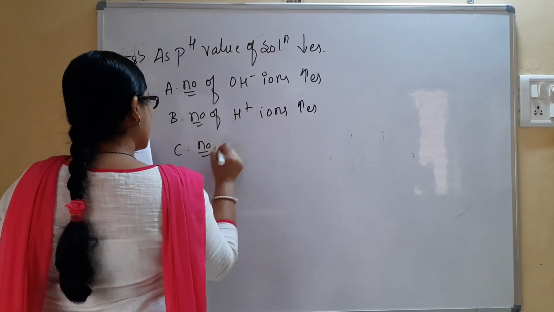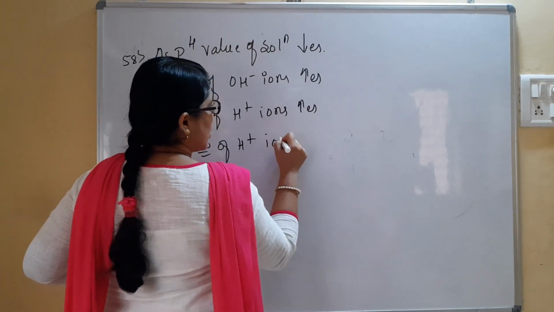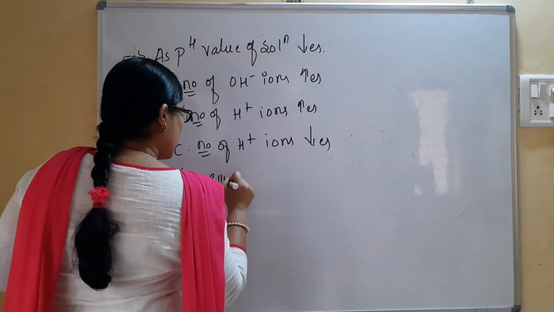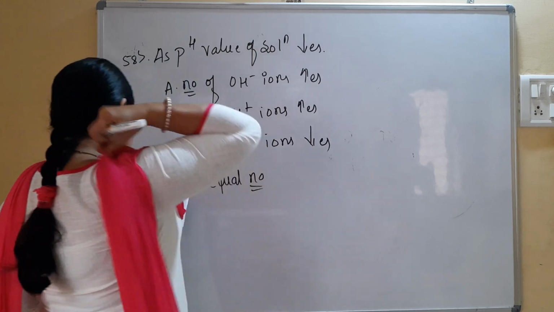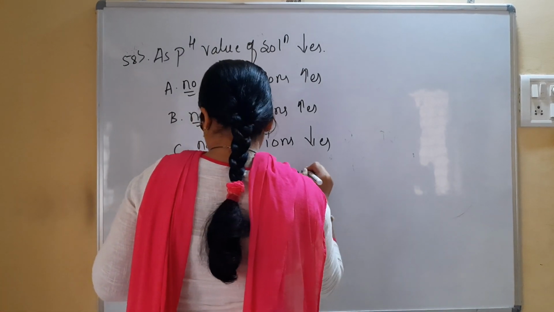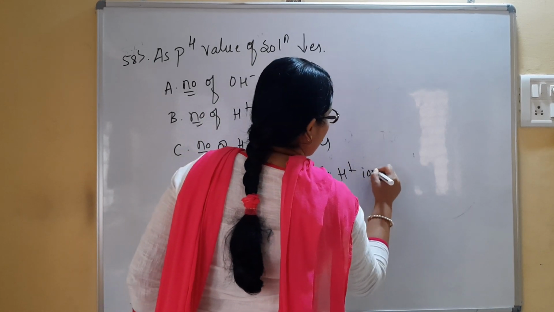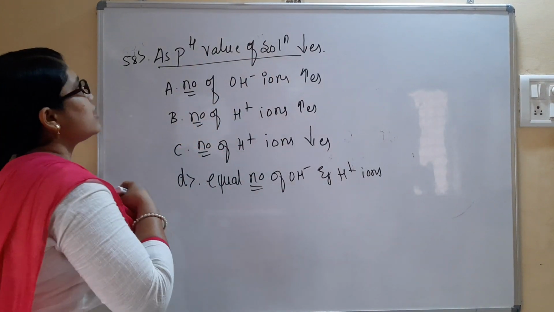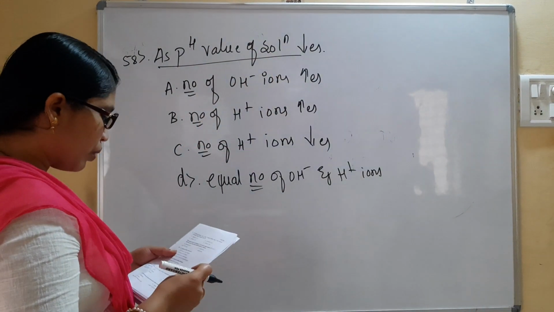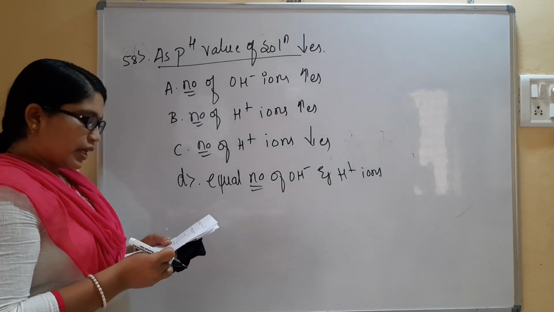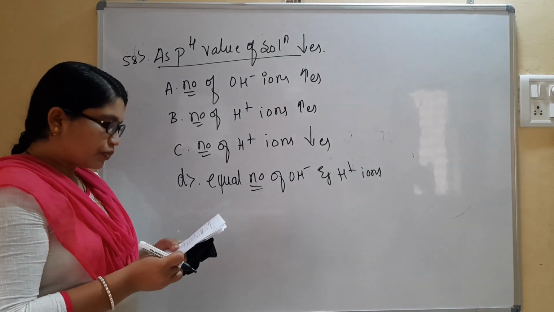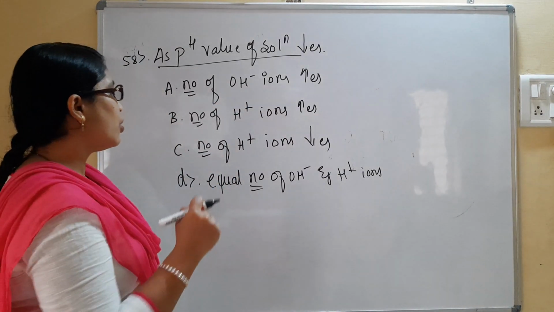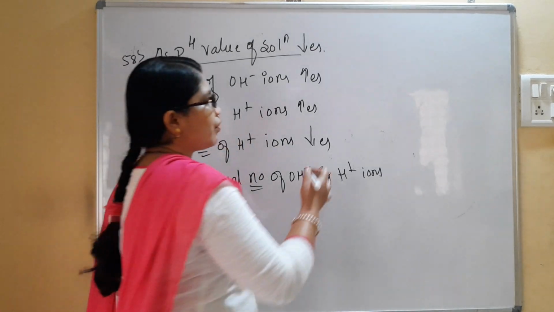C, the number of H plus ions decreases. D, equal numbers of OH minus and H plus ions remain. Okay, this is the question. The pH value of a solution is decreasing. Then we have to find out whether the number of OH minus ions increases or decreases, and what is happening to the number of H plus ions.